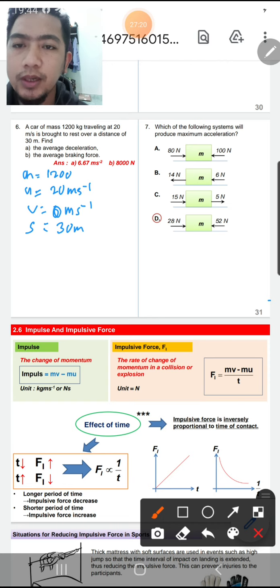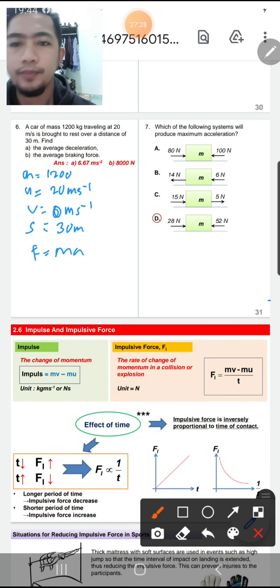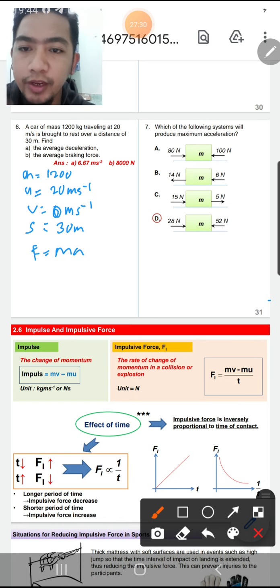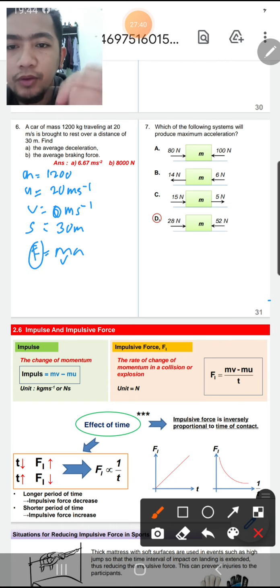So how to find acceleration, deceleration? Can you use F equal to ma? You don't have F, you only have the mass, but you don't have the force. So how to find the acceleration?